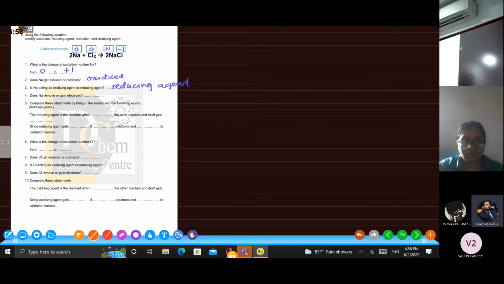So does sodium gain electrons or lose its own electrons? It's a metal. Sorry, it loses electrons. It removes its electrons so the other fellow can gain them. Right? So the reducing agent is the one removing its electrons so the other can get them. Therefore, the reducing agent reduces the other fellow, himself getting oxidized. Is that clear?